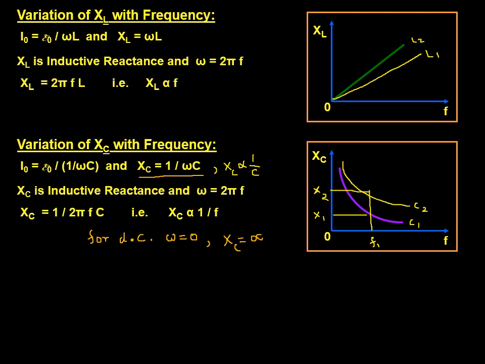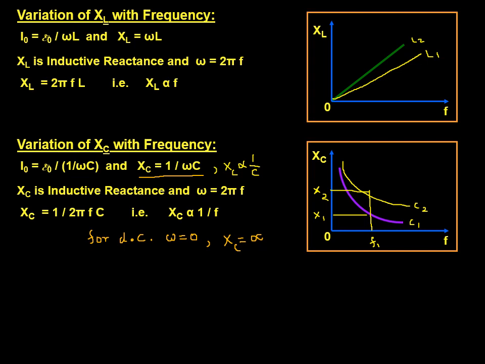Now see, XC is inversely proportional to C, so C1 would be greater than C2, because X2 is greater than X1.